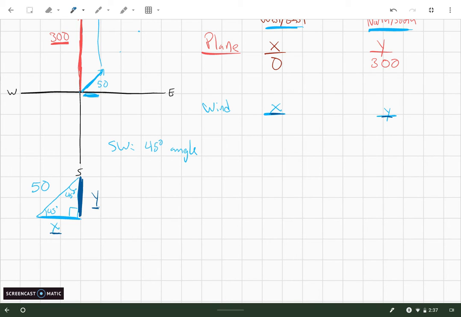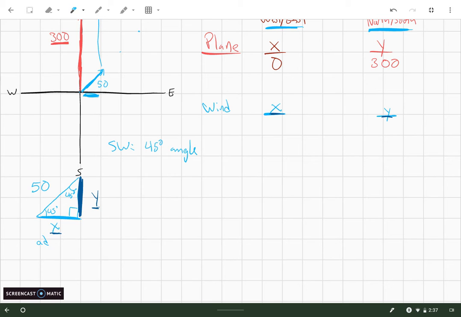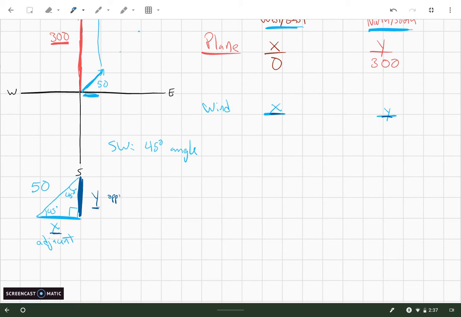To find x: x is the adjacent side, and y is the opposite side. If we want to find x first, we know x is the adjacent, and we know 50 is the hypotenuse.